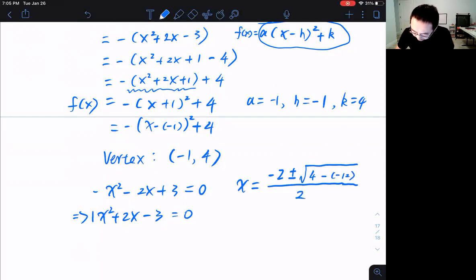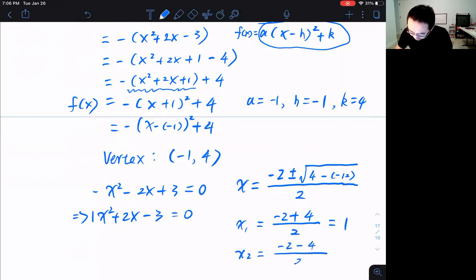Okay, so that gives you x1 equals negative 2 plus the square root of 16, which is 4, divided by 2, which gives you 1. Then x2 equals negative 2 minus 4 divided by 2, and that gives you negative 3.